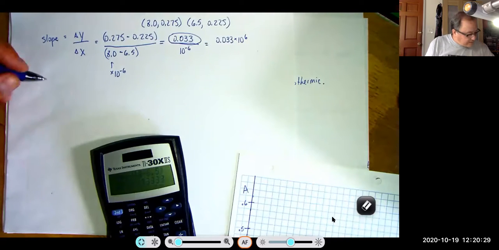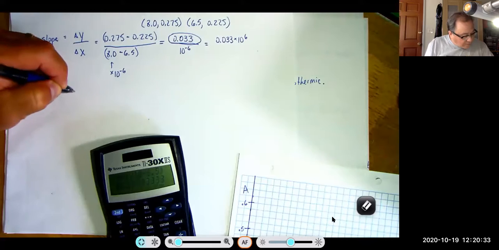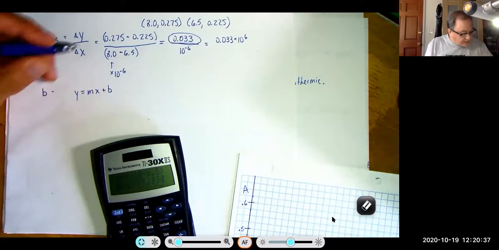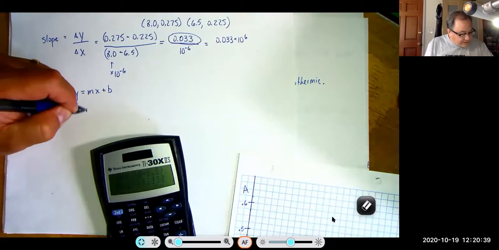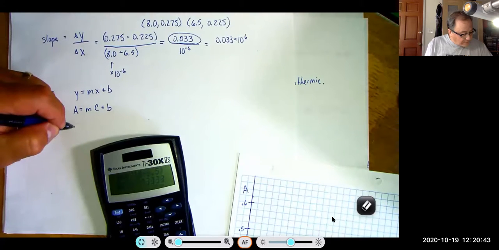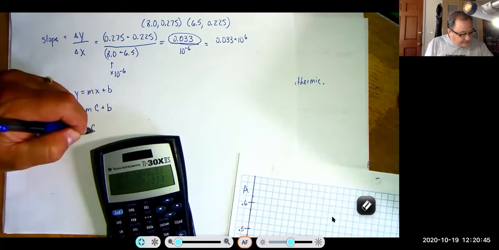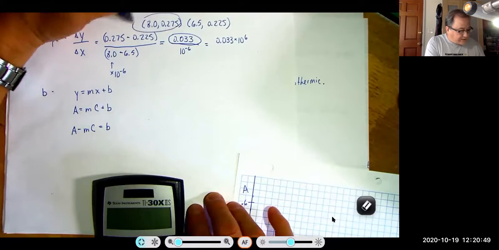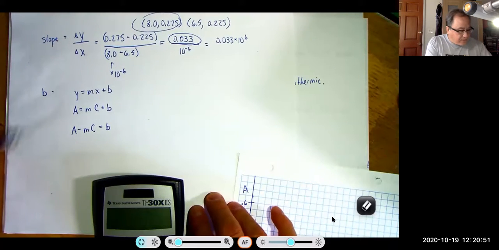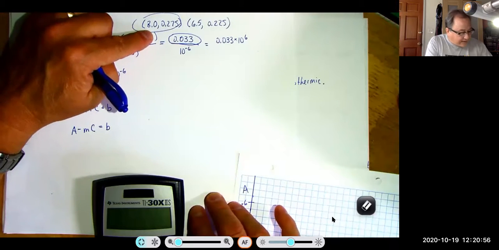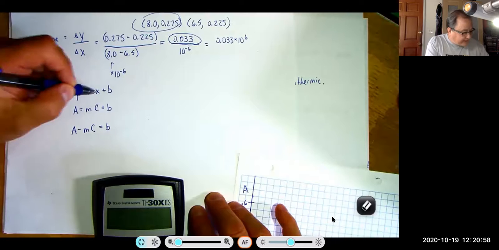Okay, now the b-intercept. We have y is equal to mx plus b, which is really absorbance is m times concentration plus b. So absorbance minus m times c is equal to b. And I'm just going to plug in these numbers here to find out what my b is. Remember, the first is x, so that's c.